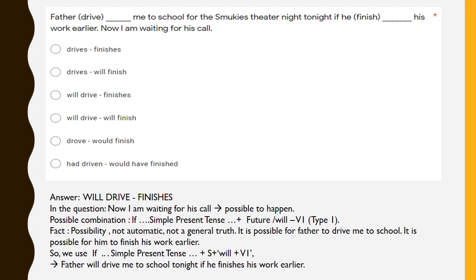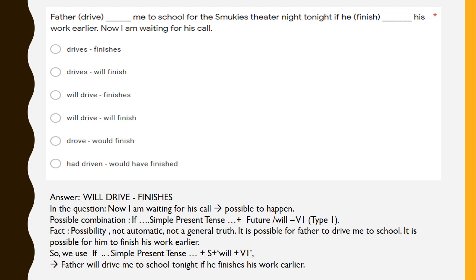In the question, now I am waiting for his call, it shows that it is possible to happen. So the possible combination is if simple present tense combined with future or will verb 1, or type 1. Because the fact is possibility.